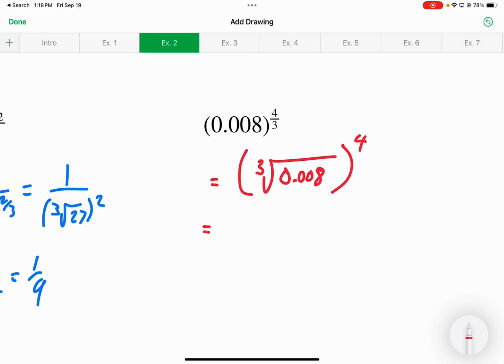What would be the cube root of 0.008? Charlie? Close. You had an extra 0. It should be 0.02. 0.02 is what we're going to get, and then to the 4th power.